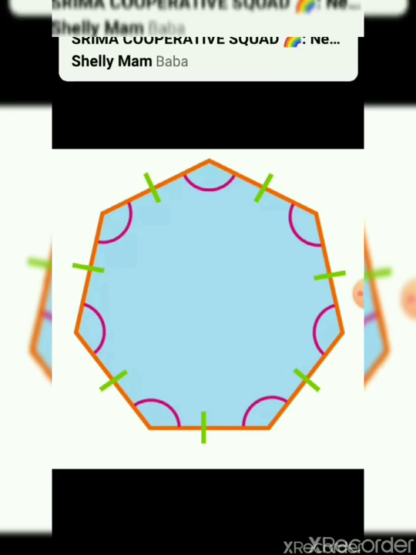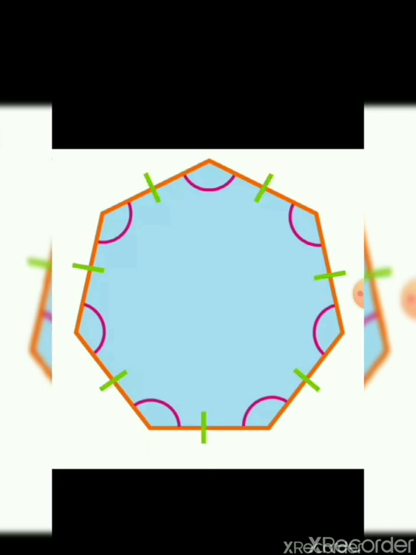Just count it. 1, 2, 3, 4, 5, 6 and 7. 7 sides and 7 angles. So a polygon with 7 sides and 7 angles is a heptagon.